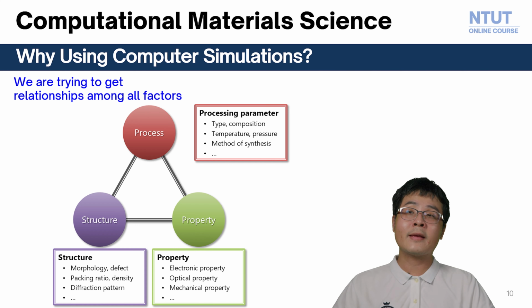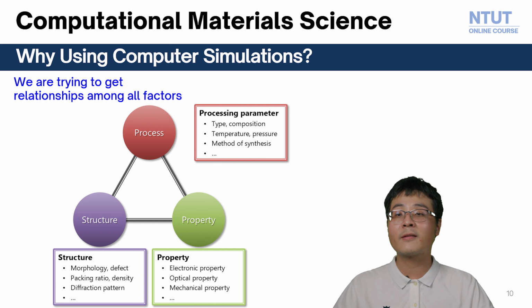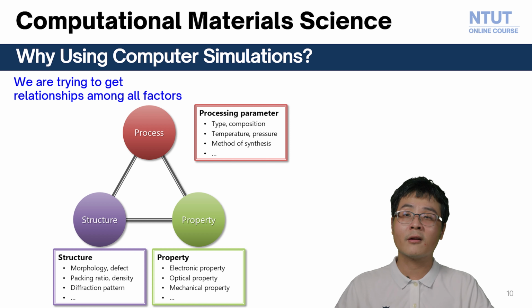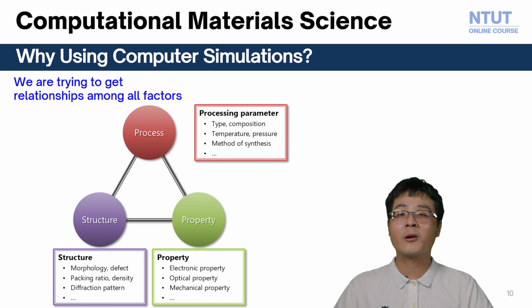So as for any material scientist, all of us want to know the actual relationship among the structure, which contains the idea of morphology, defect, packing ratio, density, diffraction pattern, any kind of issue related to the electronic structure of your materials; the processing parameters, which include the type of element, the composition, the temperature, the pressure used in synthesizing your material, the method of synthesis, and any kind of processing parameter; and finally, the materials property, for example, the electronic, optical, and mechanical properties, and any other kinds of property.